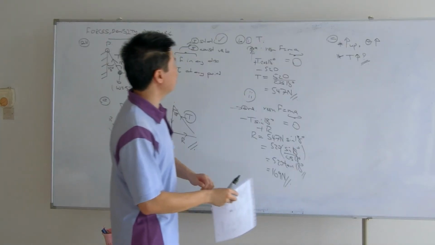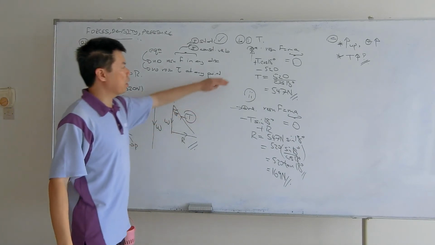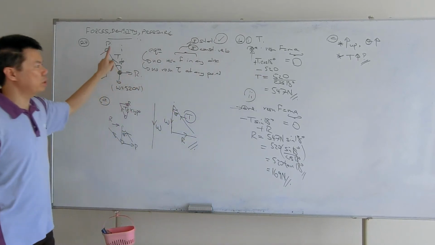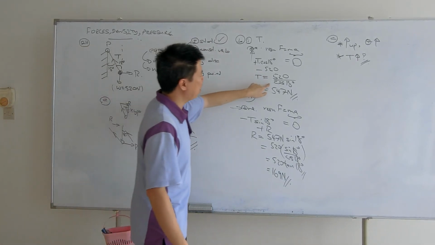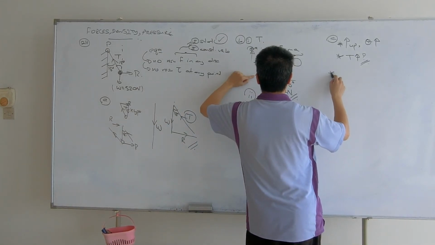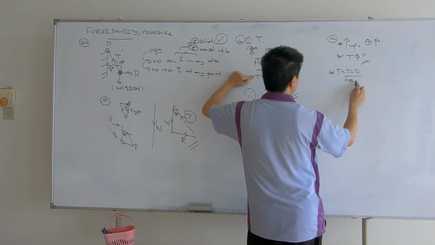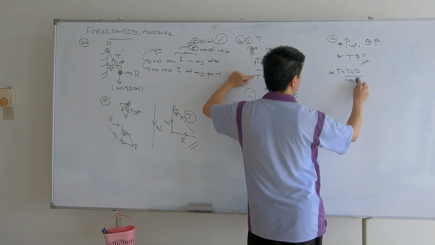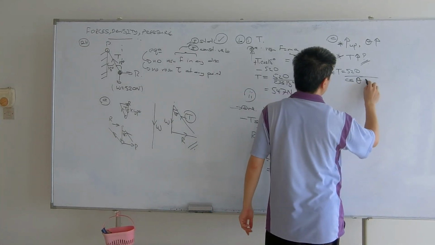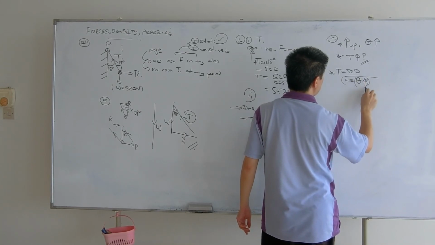In this case, we just use equations. So let's check which equation we can use that relates to T. You can see this one relates to T. Weight is constant, same person. You just move it upwards. So how do we know whether the angle goes up or not? T is equal to 520 over cos theta. We want theta to increase. What happens when this theta increases?